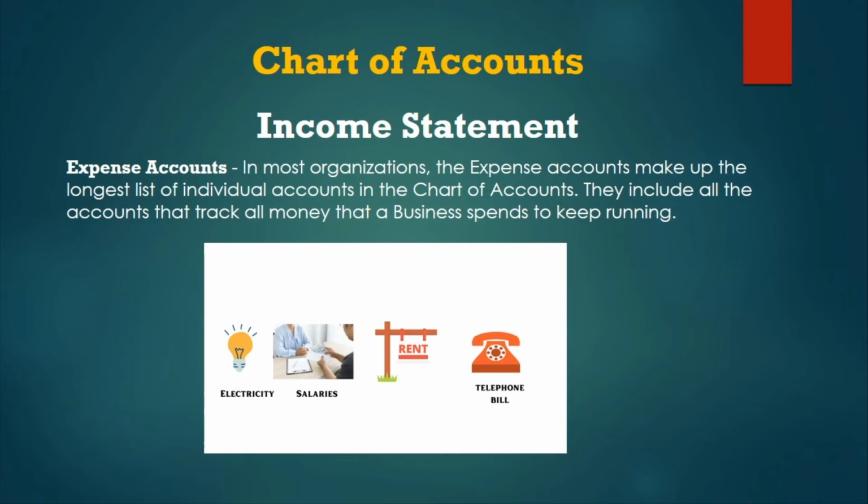We have to make revenue. Based on the revenue only, we incur expenses. We have to generate the revenue, so we spend money on the business. Understand? Based on the revenue only, we spend money in the business.